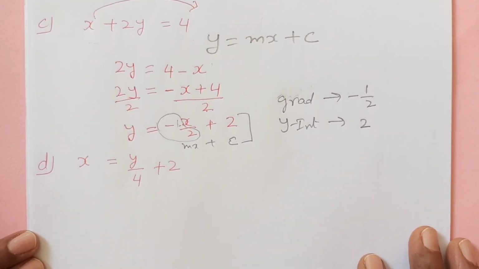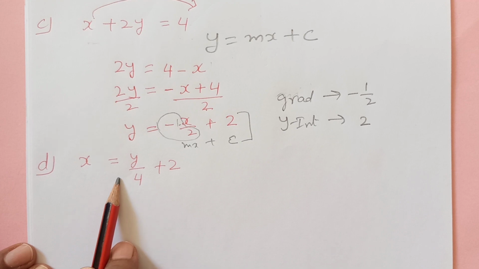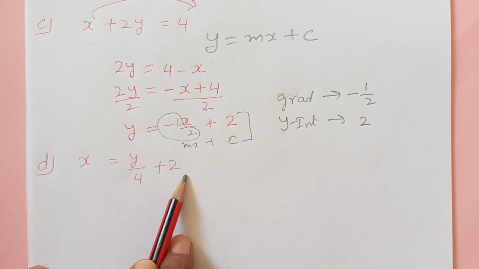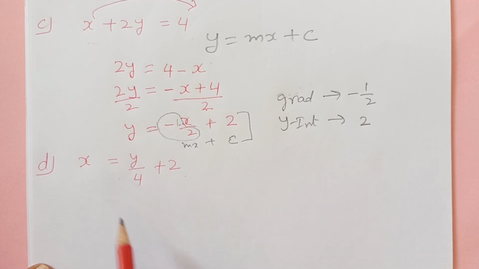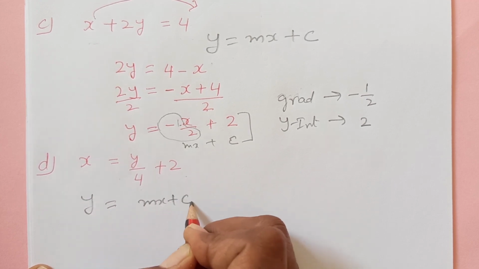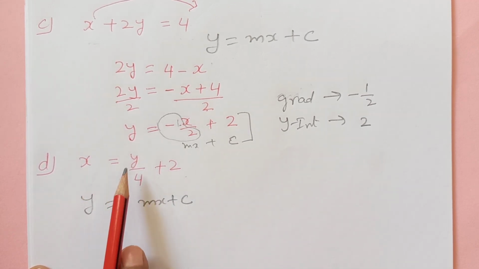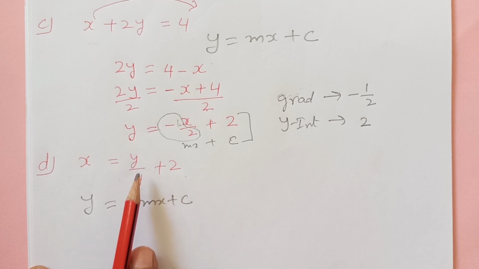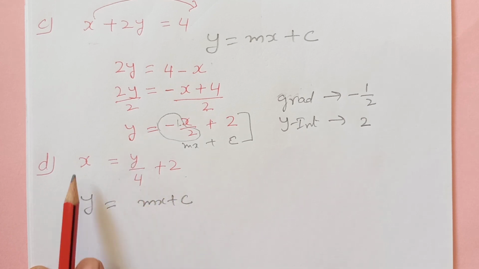Now another kind of example here, we have x equals y over 4 plus 2. Now guys, be careful, our equation is y equals mx plus c, but this gives x equals y over 4. So don't get confused. We need to change this one here.